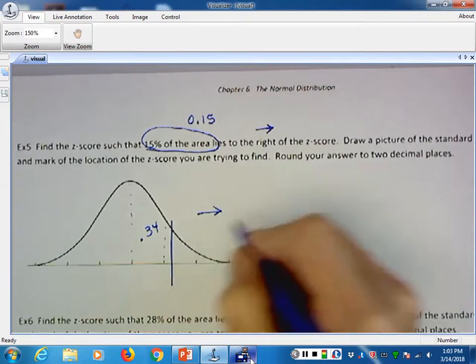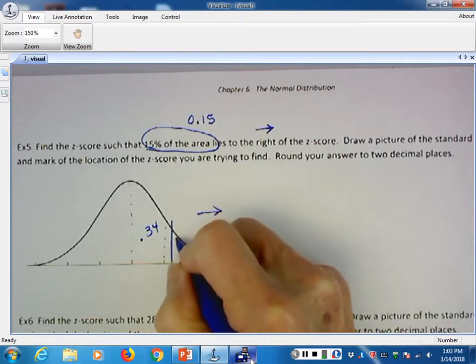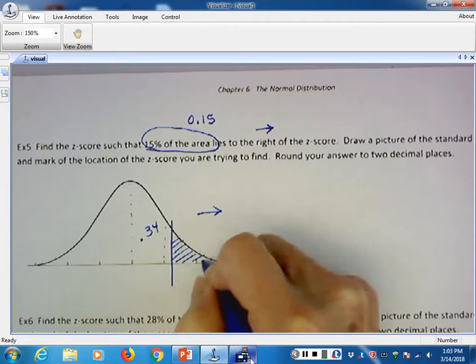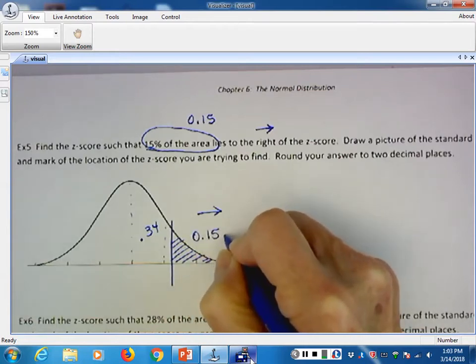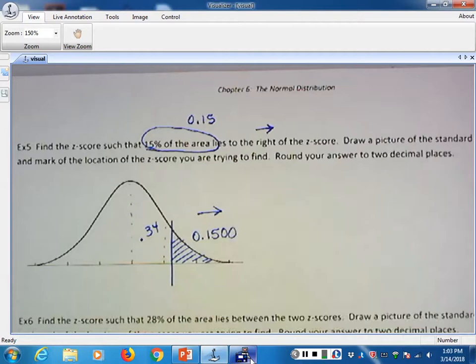So this would be about 15%. And you can put that with 2 extra decimal places, but you'll just have to add zeros. 0.15 will work just fine. Okay? But that's the area to the right.